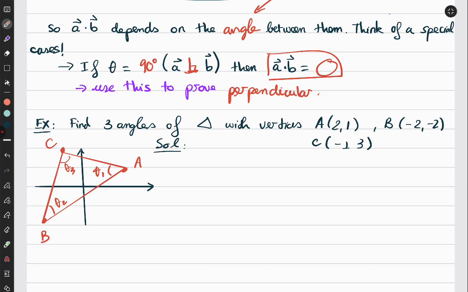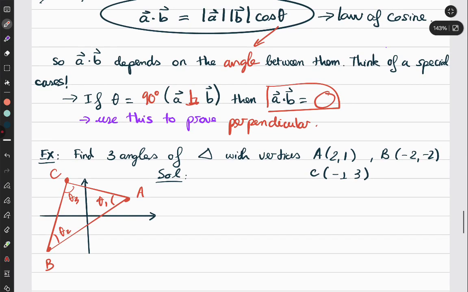And this is where we apply the law of cosines from that formula. What do you think cosine of theta 1 equals? A fraction, something divided by something.